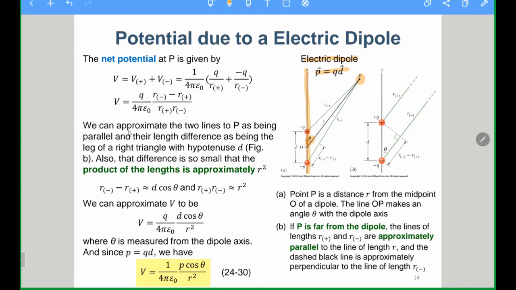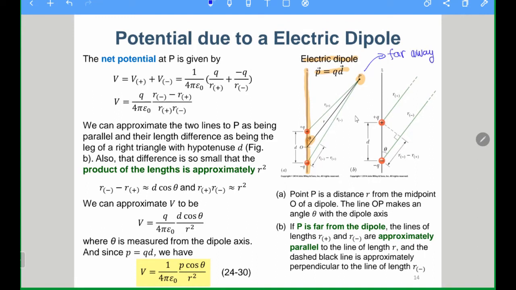Okay, so you can approximate the two lines to P as being parallel and the length difference as being the leg of the right triangle with the hypotenuse D. Here we also assume that this point P is far away from the dipole, infinitely far away.